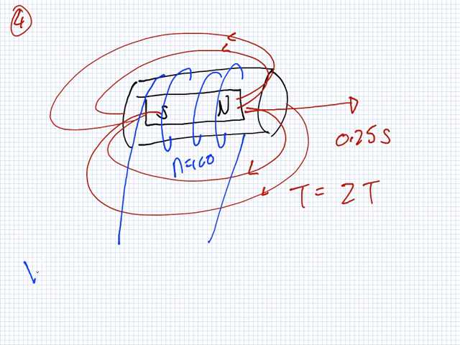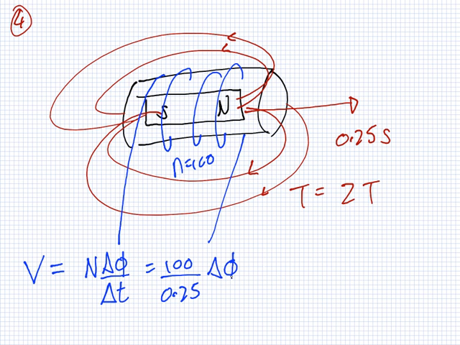So Faraday says the voltage would be, I won't worry about the minus again, N delta phi over delta T, which in this case is 100 over 0.25 delta phi.